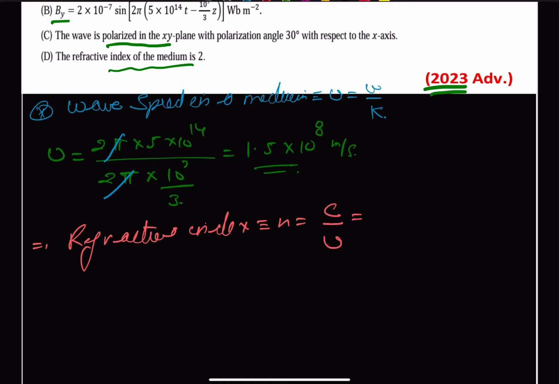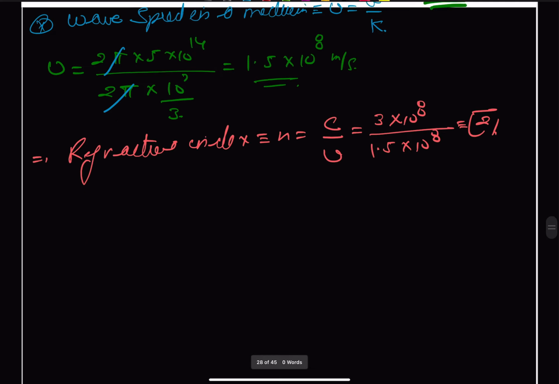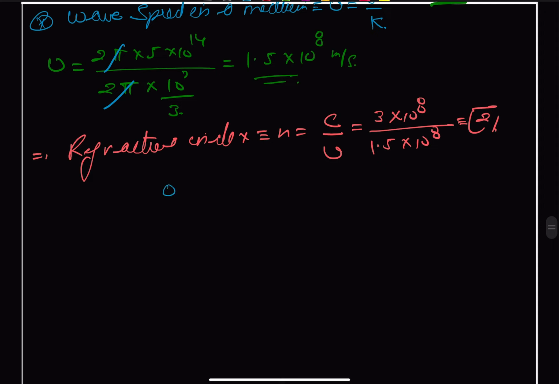Speed of light in vacuum, that is 3 into 10 to the power 8, and 1.5 into 10 to the power 8, and this comes as 2. So option D is correct.